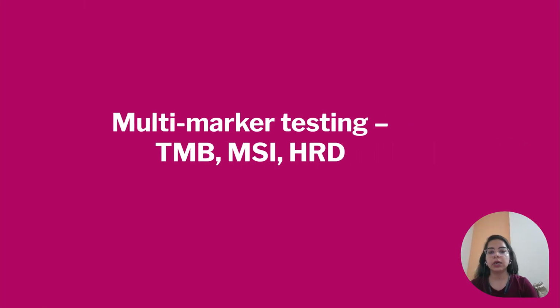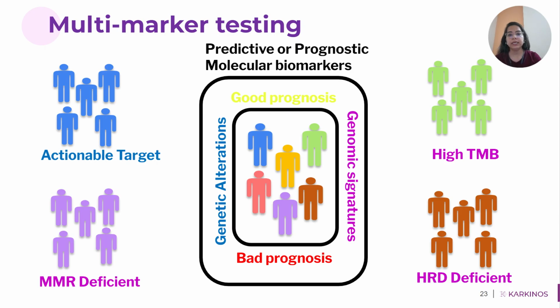So now let's talk about multi-marker testing, wherein we will be talking about three biomarkers: TMB, MSI, and HRD. Multi-marker testing is an essential approach to stratify the population. Some patients could have genomic alterations which can be treated using targeted therapy.